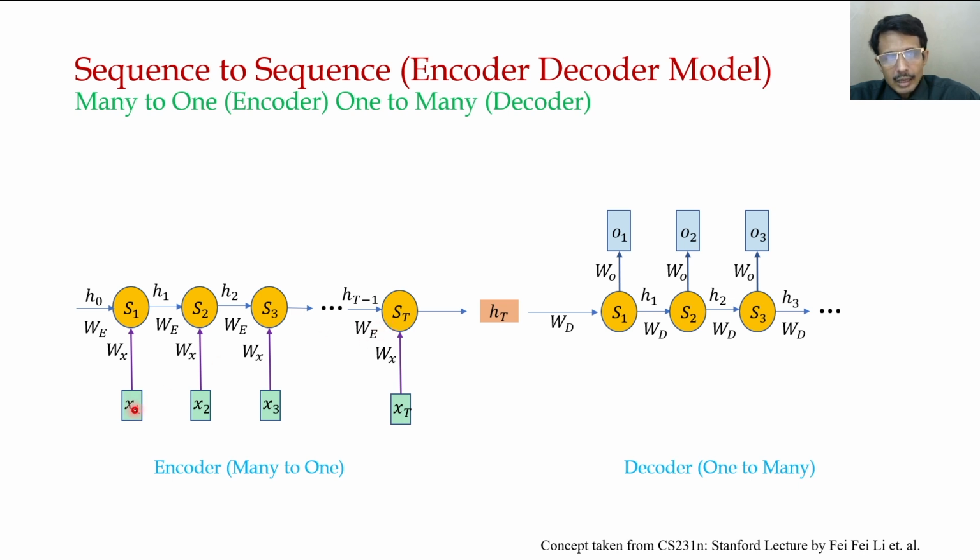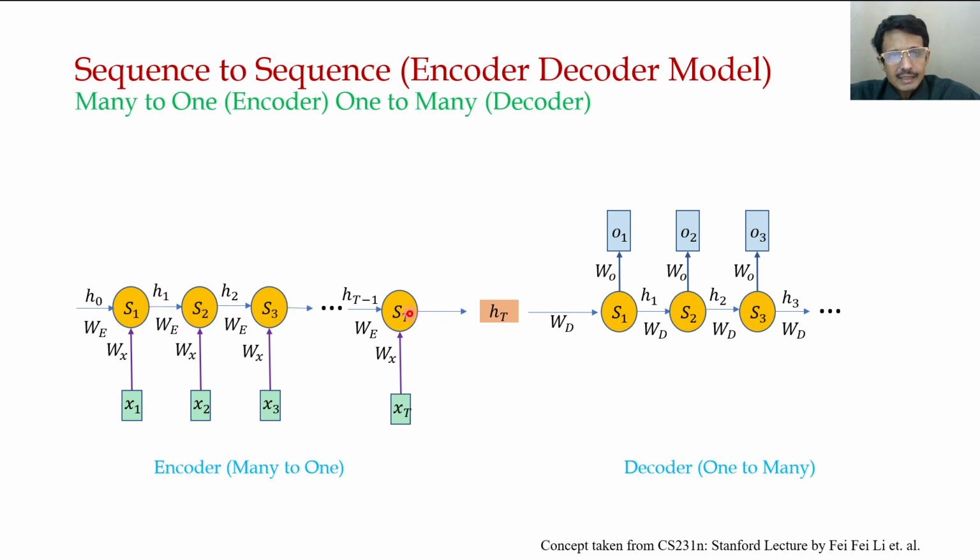So X1 is given to H1, and H1 is going to produce H1. In our traditional formulation, H1 is equal to some nonlinearity, let's say tanh of Wx into x1 plus We into H0, and we put the nonlinearity over that and get H1, and so on.